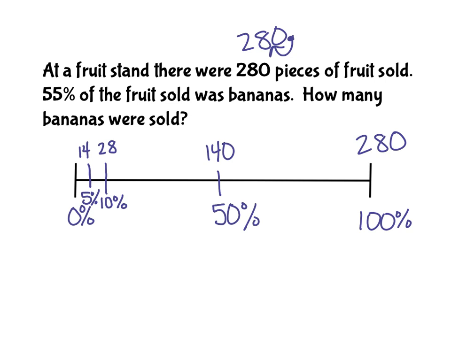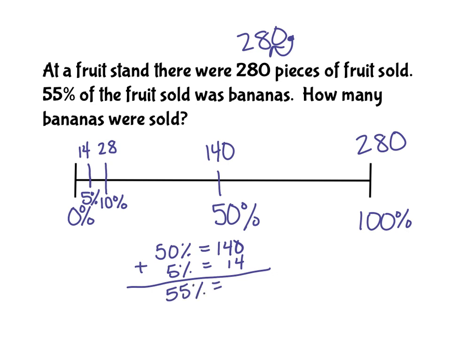So I'm going to add my 50% plus my 5% to get 55%. So 154 bananas were sold.